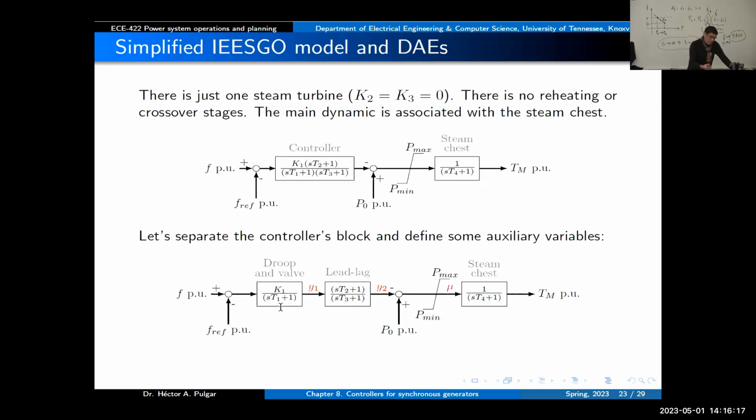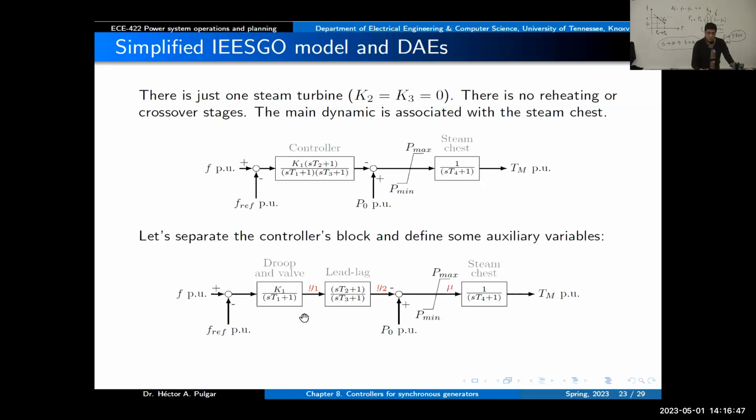And this is going to be basically related to the valve behavior. We need to open a valve at the steam chest that will let the steam go out in the direction of the turbine. So we need to consider that behavior, but that behavior is going to be a linear, first order behavior.